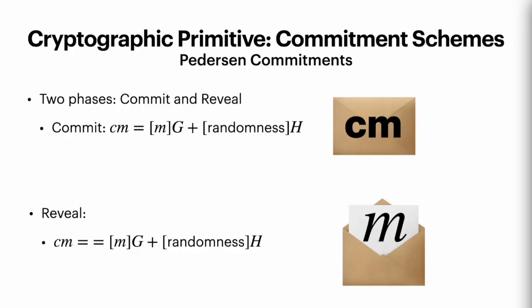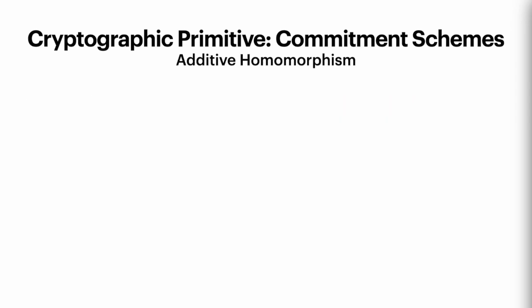Those who are familiar with elliptic curve cryptography obviously know what's happening here, but I didn't go into those details, though I have another video on that if one is interested. The Pedersen commitment scheme has a property that we're going to use called additive homomorphism.